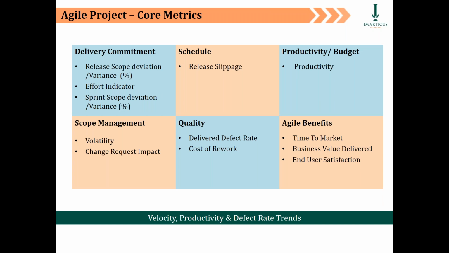So we will say yes, the requirements are exactly the same as the product that you have developed and given to the business, right? So that's where we say the release scope deviation is less, where we say the effort indicated, which means the effort to develop the same scope, whether it is less or more, we generally have seen it is way less in agile.